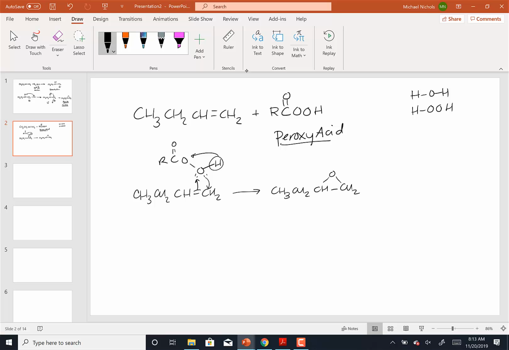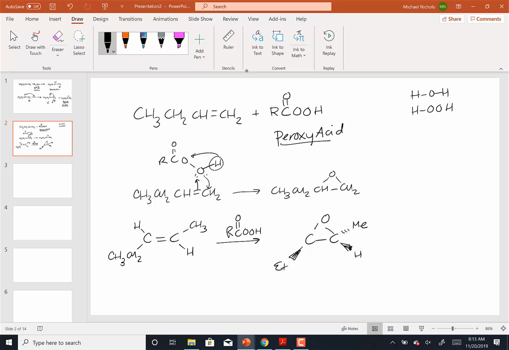And what this means is, in terms of the stereochemistry, that if I have this trans alkene, and this isn't the same one that I just did, when I react it with the peroxy acid, I end up with the stereochemistry being preserved so that if the ethyl group and the methyl group were trans, then the ethyl group and the methyl group will end up trans in the epoxide.